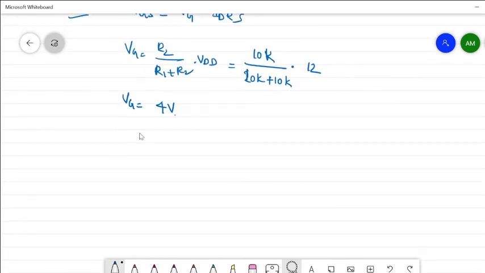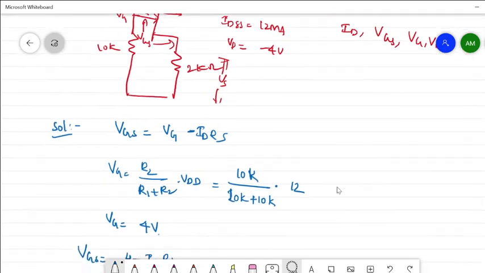Next, VGS is equal to 4 minus ID into RS. We don't know this ID value. RS is given in the question, 2 kilo ohms.